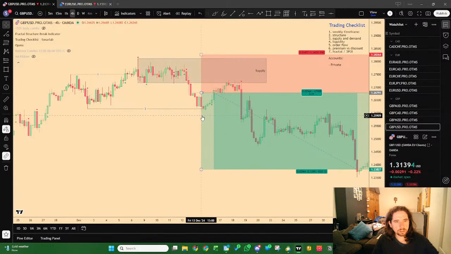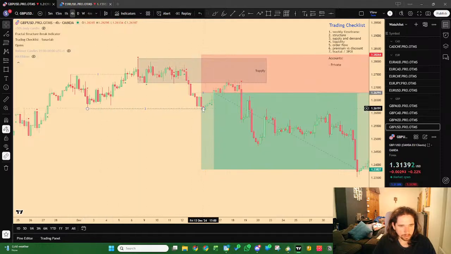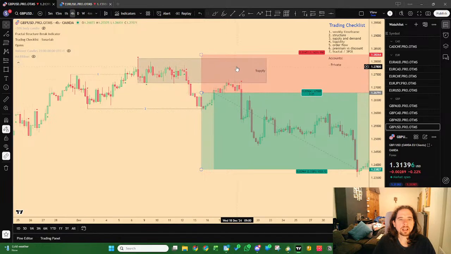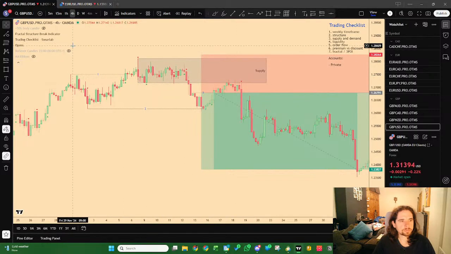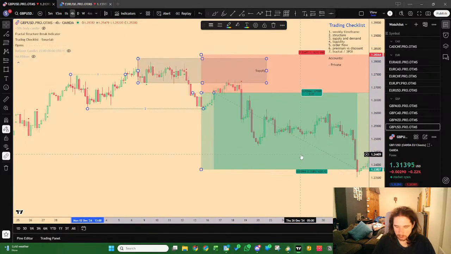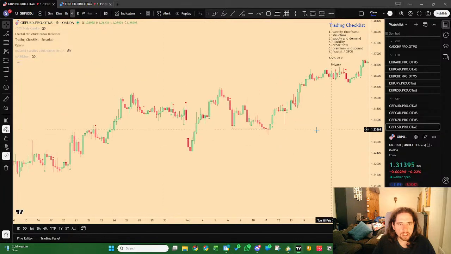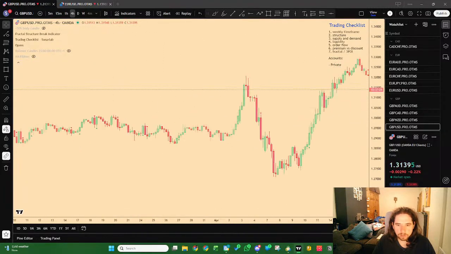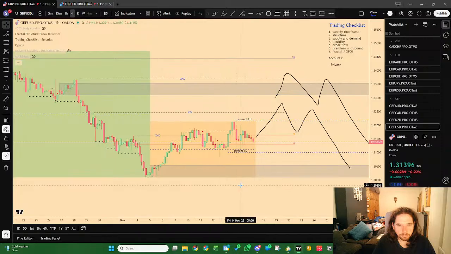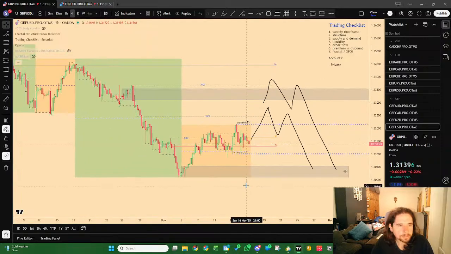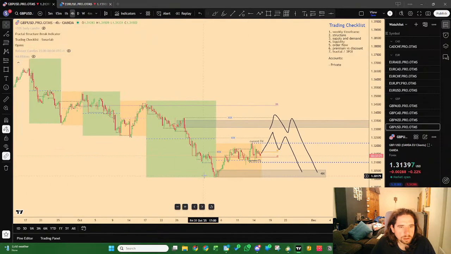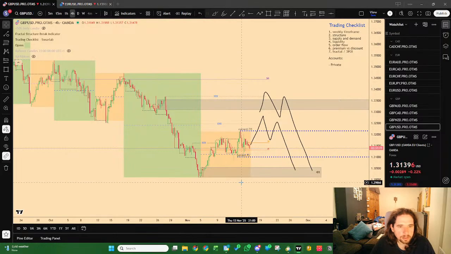So once it gets to this point here, you can see that we've broken structure, and we can put our entry model in there, and then let's make money. So, okay, that is that.